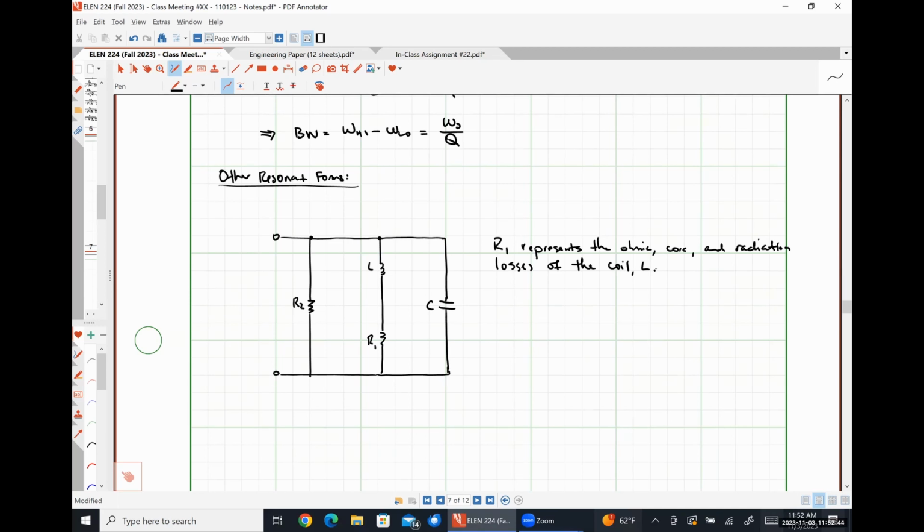Okay. R2 represents the dielectric losses of the capacitor. So effectively, it can heat up as well.